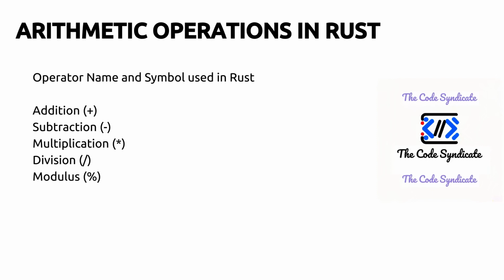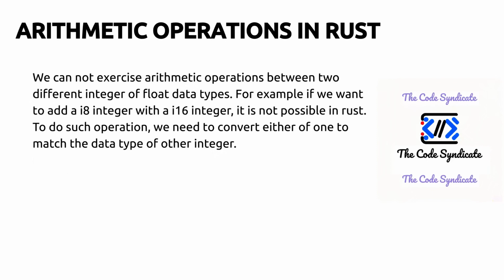But before we start, one thing to note is that we cannot perform arithmetic operations between two different integer or float data types. For example, if we want to add an i8 integer with an i16 integer, it is not possible in Rust.